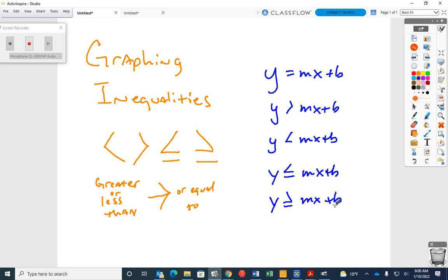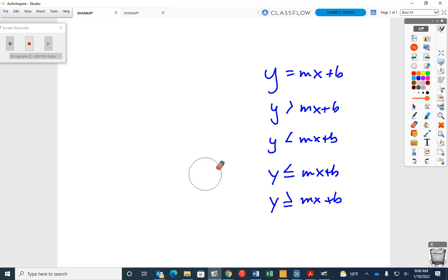Now, can I erase what's in orange over here? Can I erase this part? So what we look for first, when we graph these, there's a lot of steps involved here. If the equation has this or this, that means that we're going to use a dotted line.